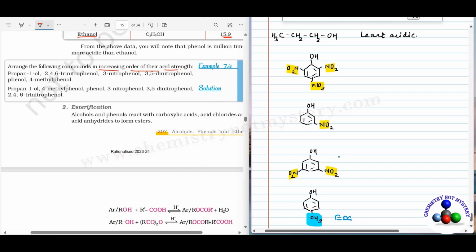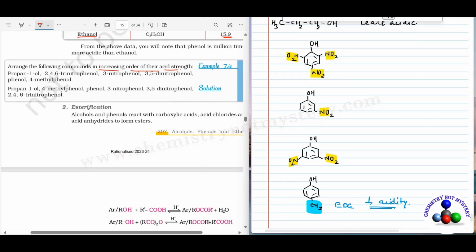So this electron donating group decreases the acidity of phenol. So after alcohol, 4-methylphenol will be there. It will be more acidic than alcohol, but it will be less acidic than phenol.